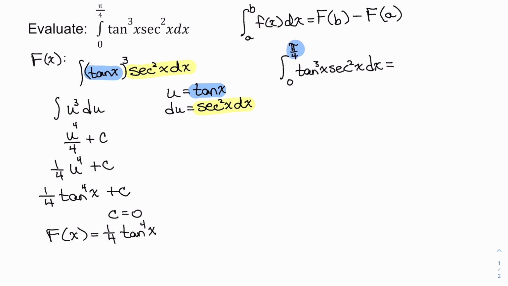So putting the pi over 4 in first, minus at the lower limit of integration, putting in the 0. So we have 1/4 tangent to the power of 4 of pi over 4 minus 1/4 tangent to the 4 power of 0.